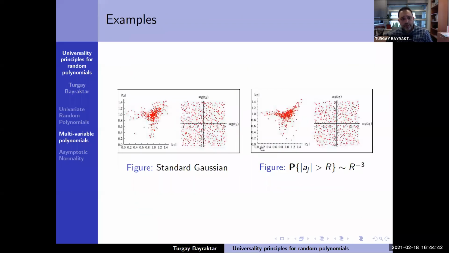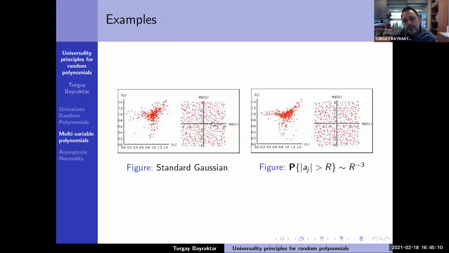So the picture in this case would be, for the standard Gaussian, I should maybe explain the picture. This picture is in complex dimension 2, so you have two variables, z1 and z2. It's not possible to draw with one picture because C^2 is 4-dimensional. This axis here represents the modulus of the first variable, and this is the modulus of the second variable.